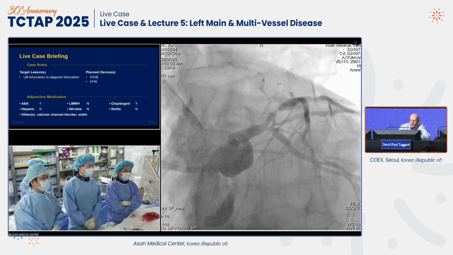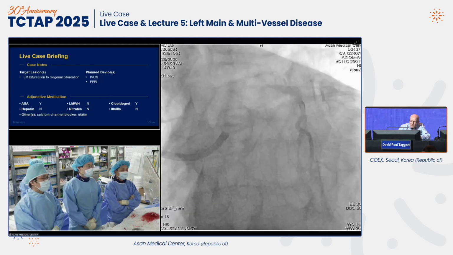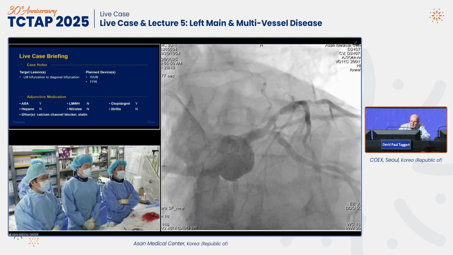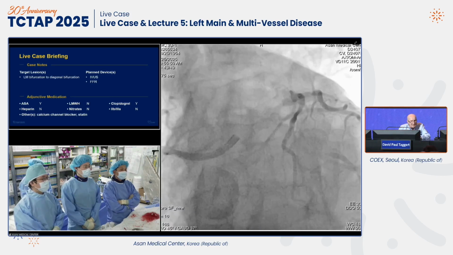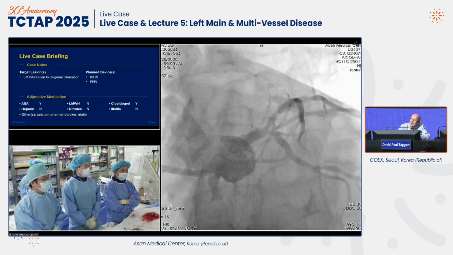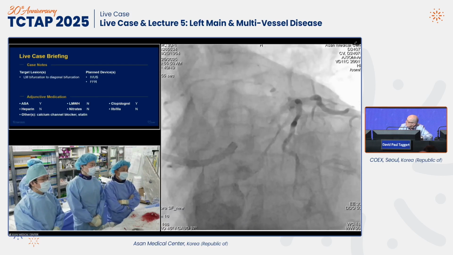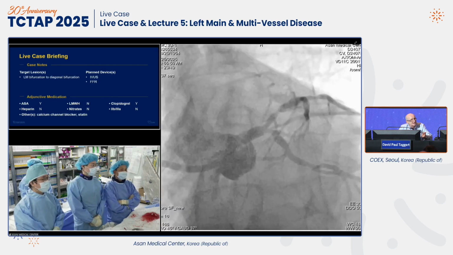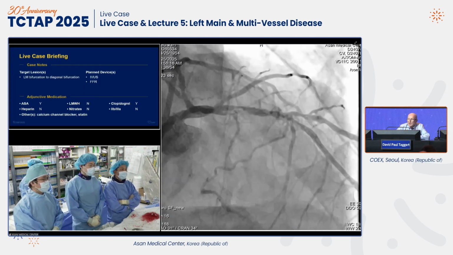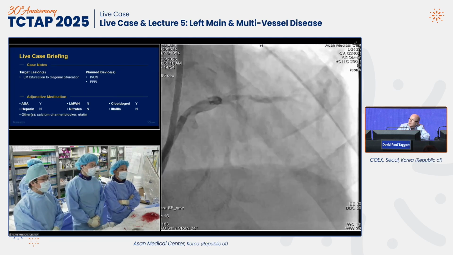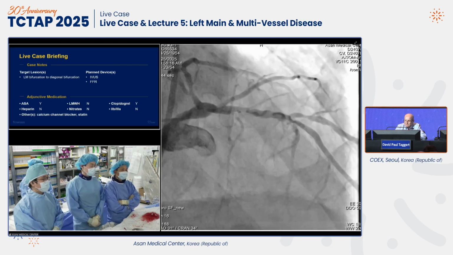But this is a complex distal left main, and what's important here is that the patient has complex proximal LAD disease and diagonal disease, and both are excellent targets. So he has a lot of good distal targets. Certainly in our centre in the UK we would be considering CABG for this patient. CABG first.